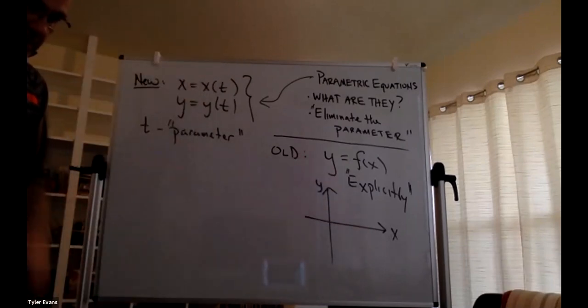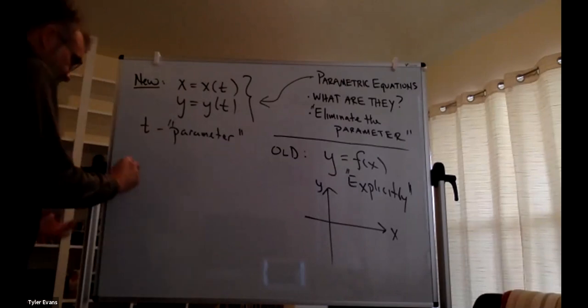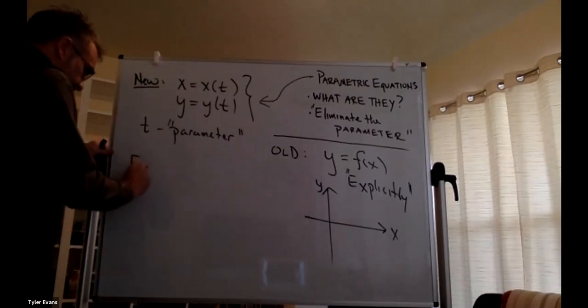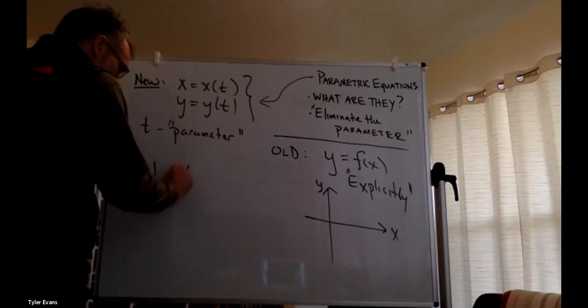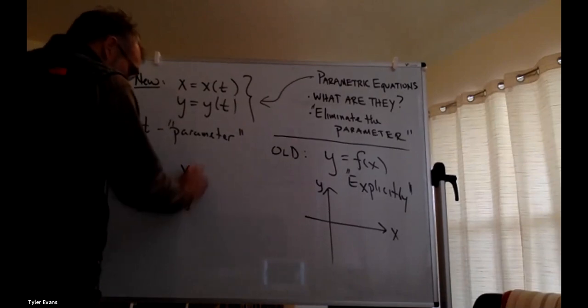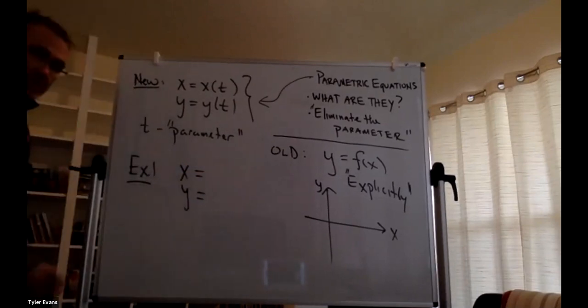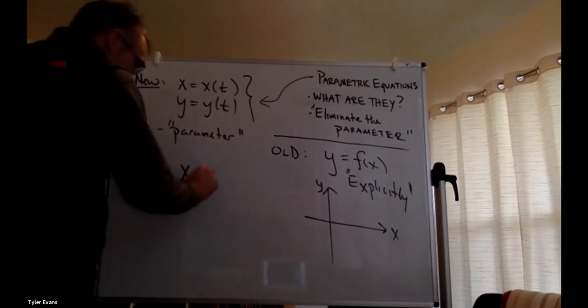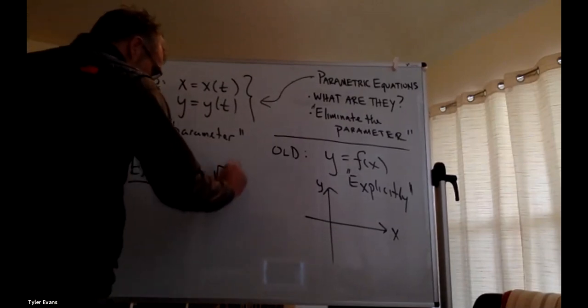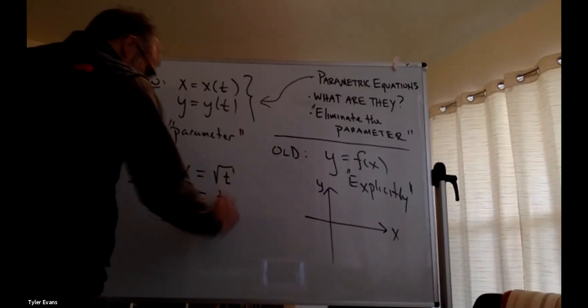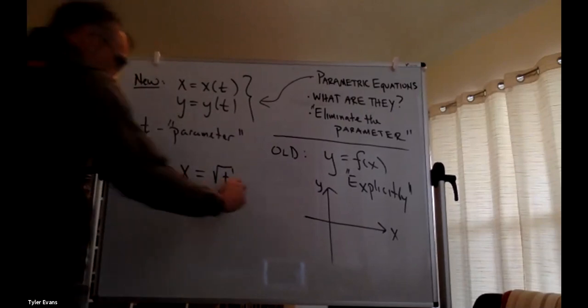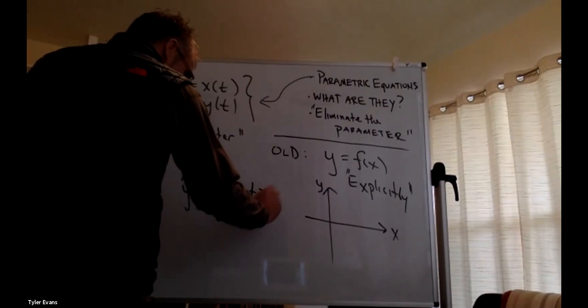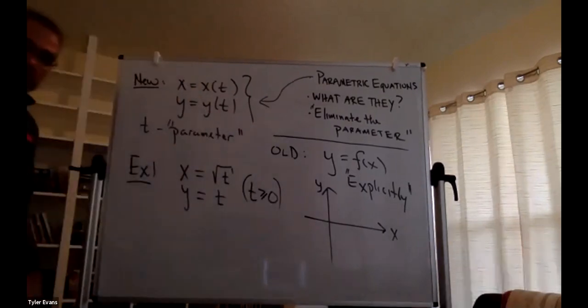All right, so let's look at an example. What do I have to give you to generate an example? I have to give you two functions of the parameter. My first one, X of T, is going to be the square root of T. Y will just be T itself. And because I'm taking square roots, T should be greater than or equal to 0.